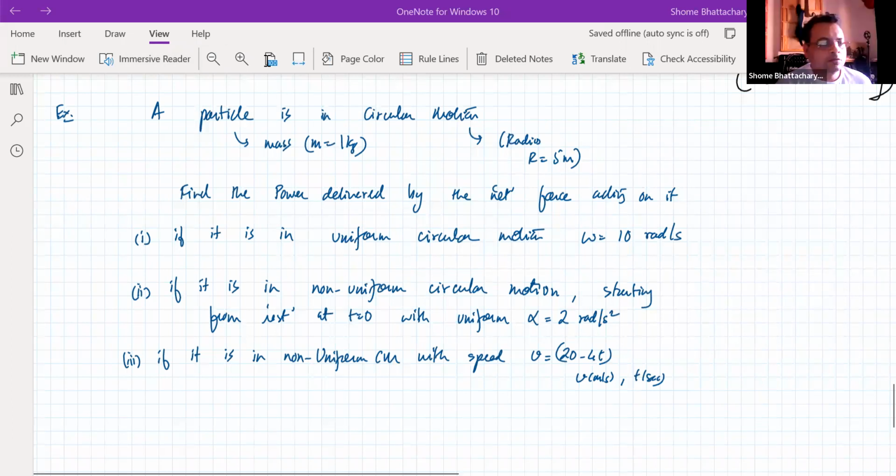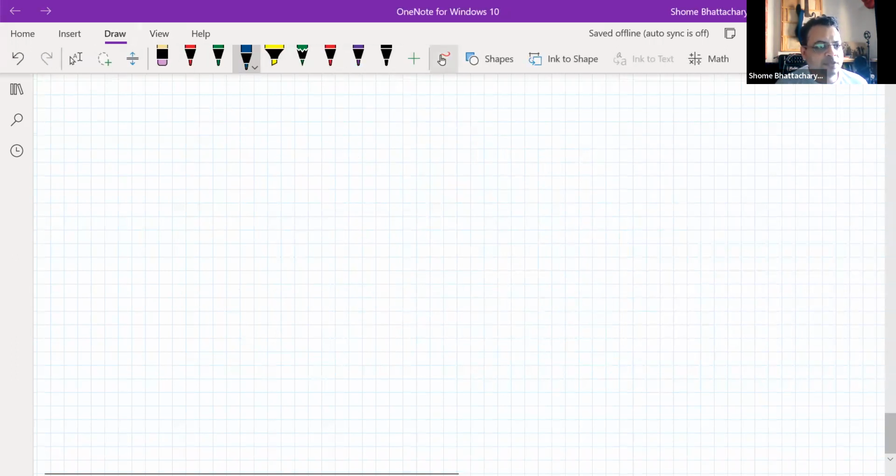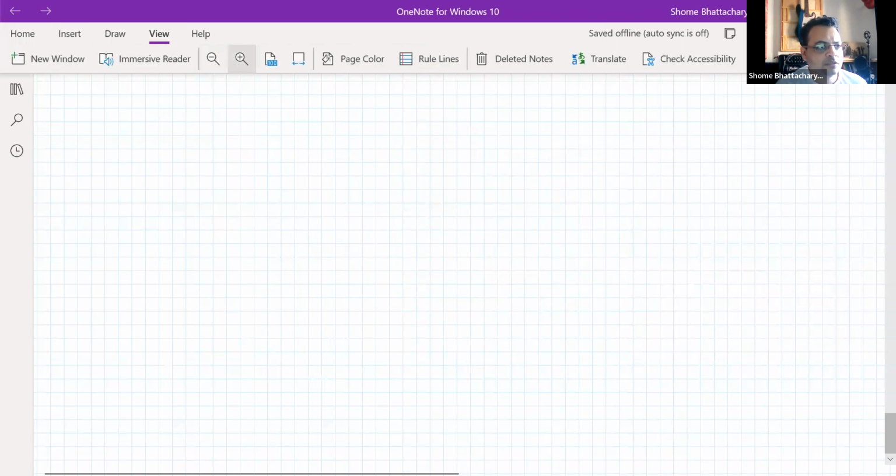Okay, people. So let's understand how this works out. Let's discuss a little bit about acceleration and force, therefore components of force in circular motion first.